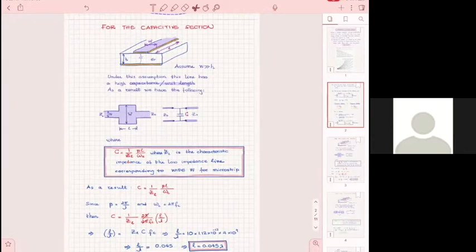If I had a section of line like this, let me write it here, and the line has L, the equivalent inductance per unit length, and C, the equivalent capacitance per unit length, do you remember how much the characteristic impedance of this line is? Square root of L over C. Yes, it's the square root of L over C.